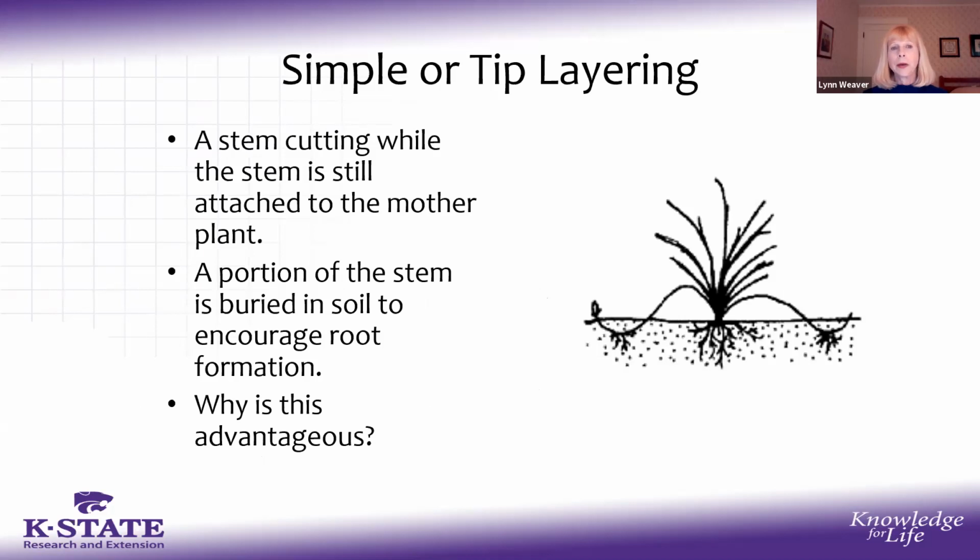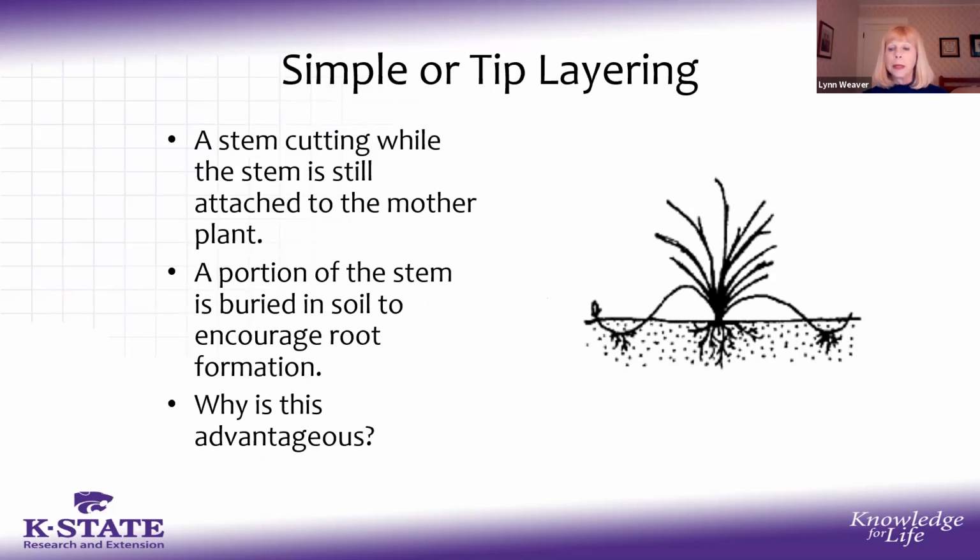Simple or tip layering is a stem cutting while the stem is still attached to the mother plant. A portion of the stem is buried to encourage root formation. And why is this advantageous? Well, because the stem is still attached to the parent plant and receiving nutrition and water from the parent.